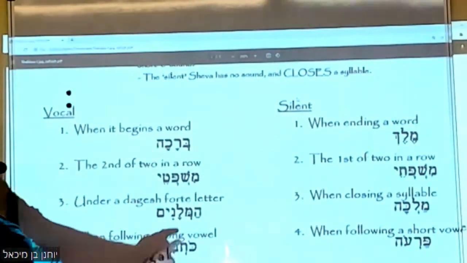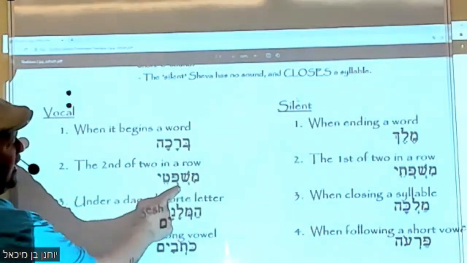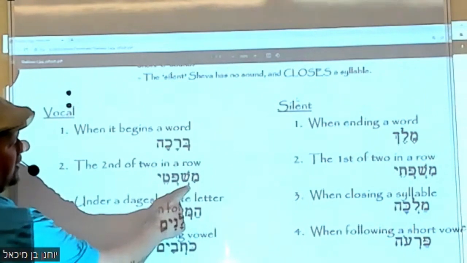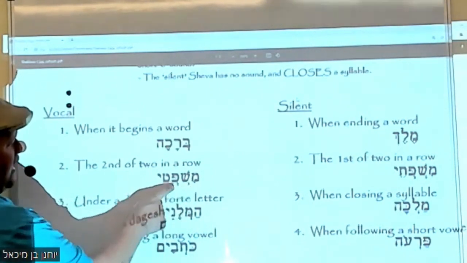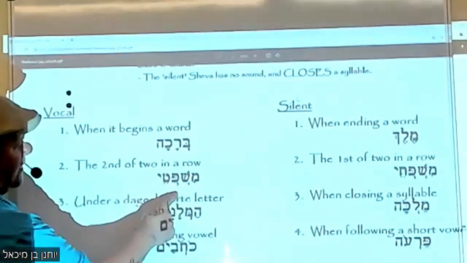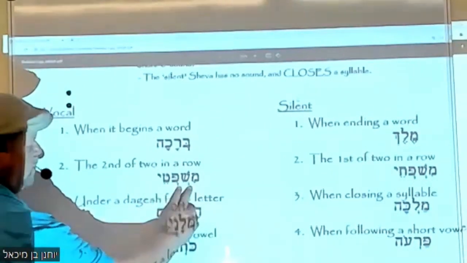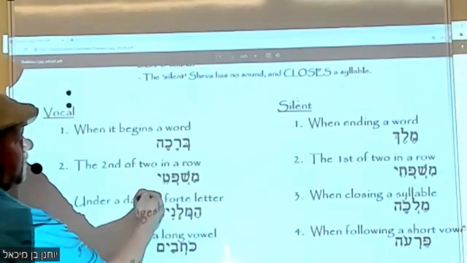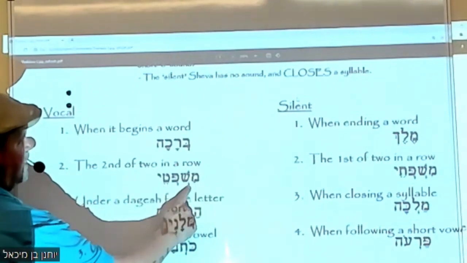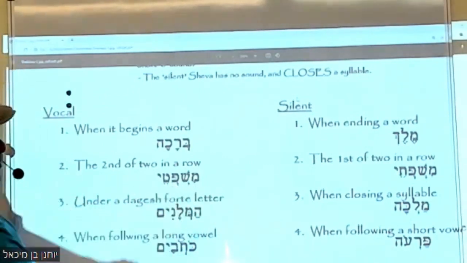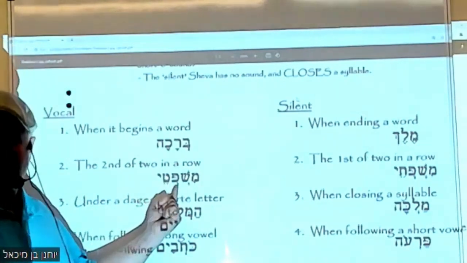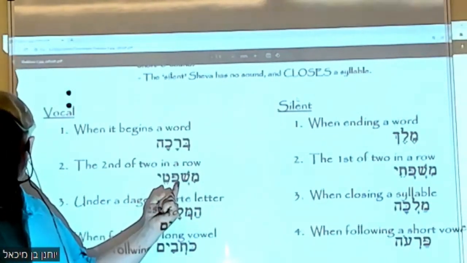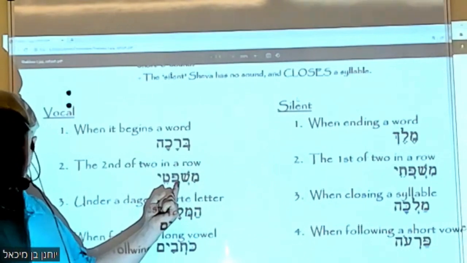So here we have a mem pointed kirik, but then we have a shin with a shva, and a pei with a shva. So we have 2 of them, right? We work from right to left, so this is the first of 2. This is the second of 2. So the one underneath this pei is what kind? This is a vocal shva, right?